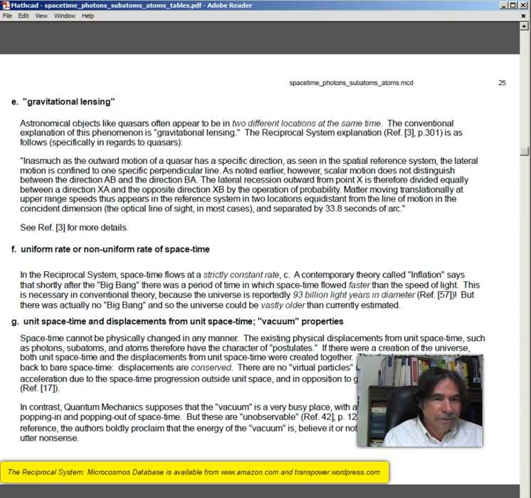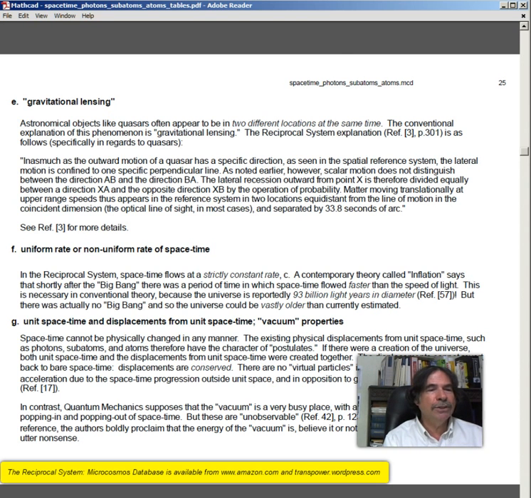Quote, and this comes directly from Larson, incidentally, inasmuch as the outward motion of a quasar has a specific direction, as seen in the spatial reference system, the lateral motion is confined to one specific perpendicular line. As noted earlier, however, scalar motion does not distinguish between the direction AB and the direction BA. The lateral recession outward from point X is therefore divided equally between a direction XA and the opposite direction XB by the operation of probability.